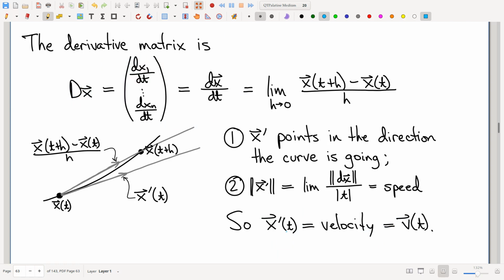So this is a lovely result, and in fact, you may even remember, back in Calc 1, when you have a car driving along a road, one of the models they very often apply the idea of derivatives to is if you know the velocity as a function of time, how do you reverse engineer the position as a function of time? Well, the velocity is the derivative of position.